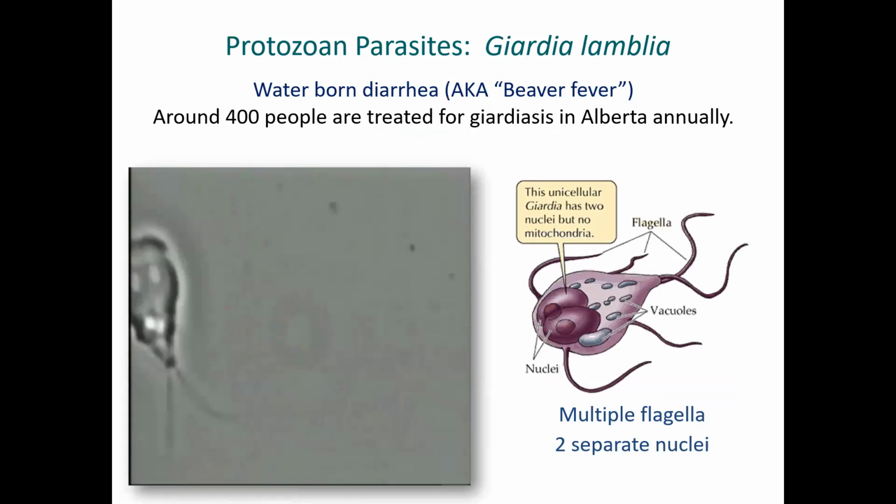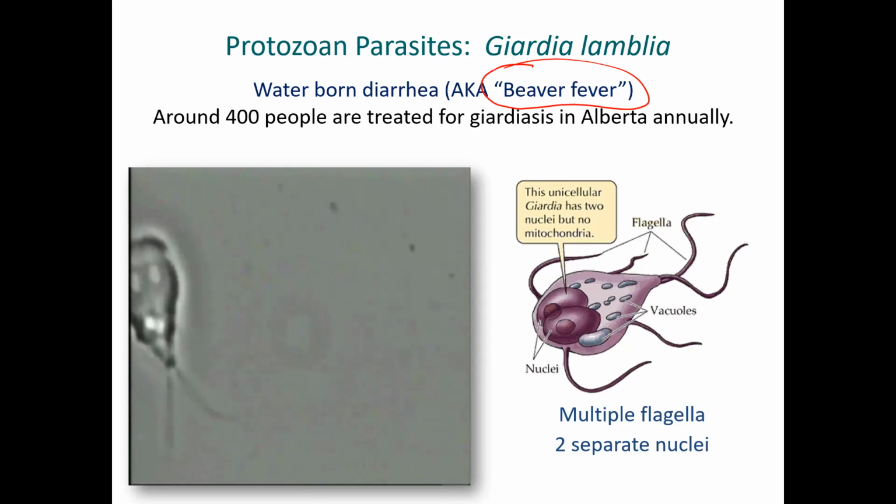Giardia's full name is Giardia lamblia. It has a few other names. Sometimes it's called Giardia intestinalis. And the common name for this, you can see, is Beaver Fever. In Alberta, we're looking at a few hundred cases every year, and it is from contamination, usually from animal feces.